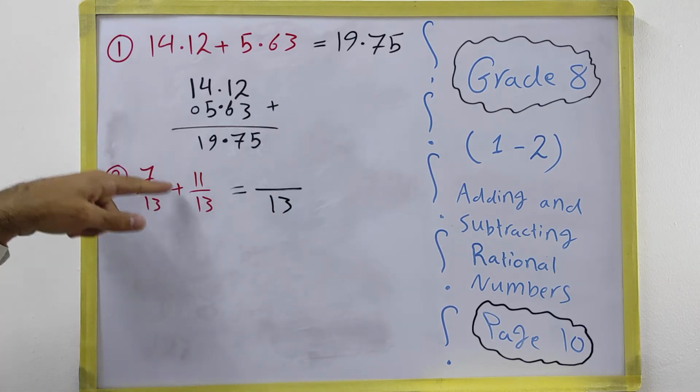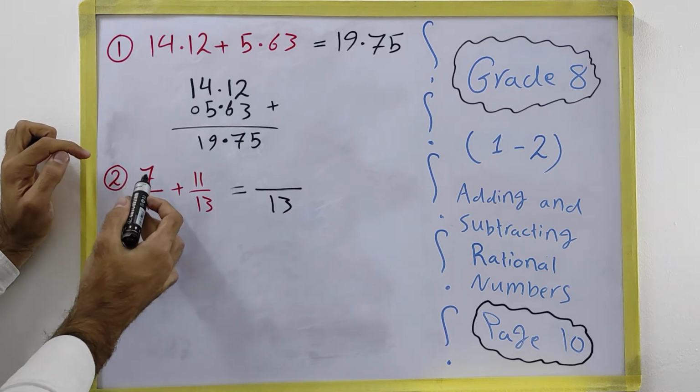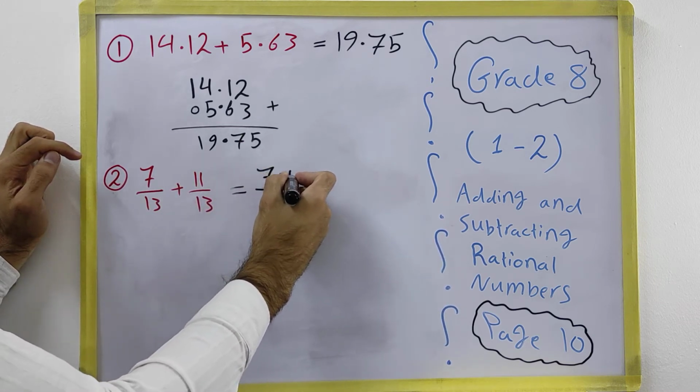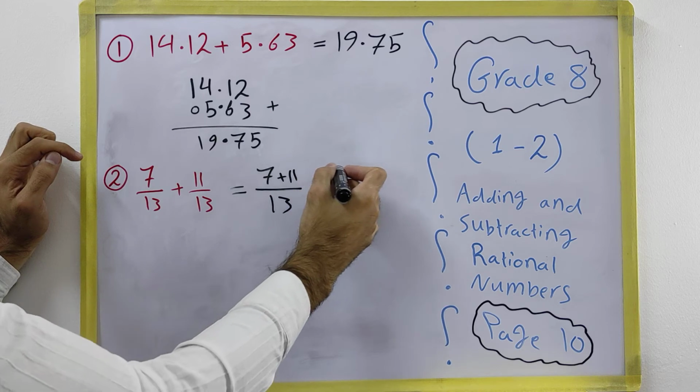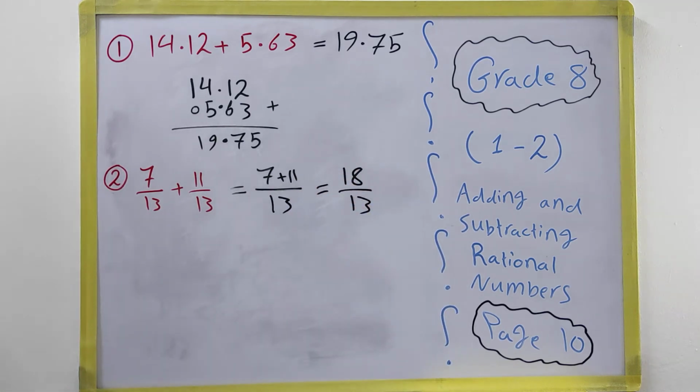Numerators: if it's addition we add the numerators, if it's subtraction we subtract the numerators. Here we have 7 plus 11 equals 18 over 13. 18 over 13 cannot be simplified more, so we just leave it, which is the final answer. But if it's possible to simplify, you have to simplify.